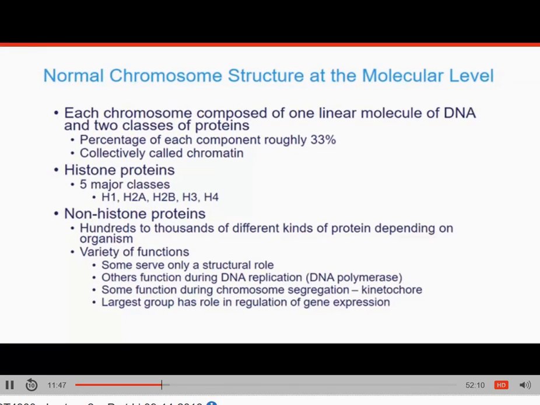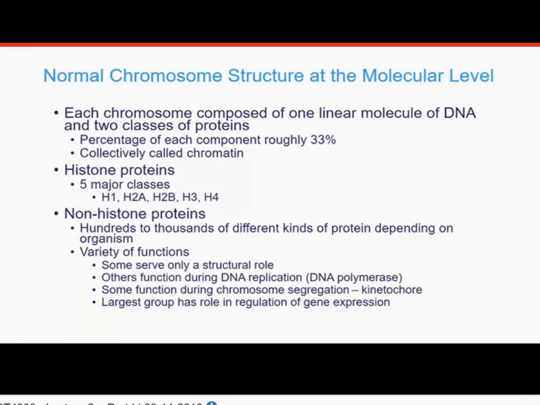So collectively, when we're looking at a chromosome in metaphase, we are seeing both DNA and protein. Collectively, this is called chromatin. So when I write a clinical report to the doctor and I'm talking about a structural abnormality, I may talk about the chromatin from this chromosome. When I say that, I'm talking about the whole structure.